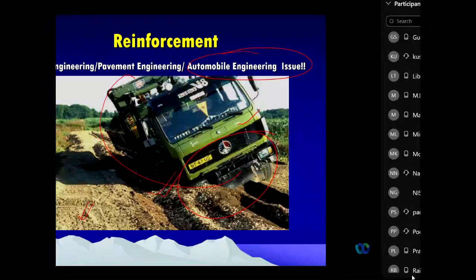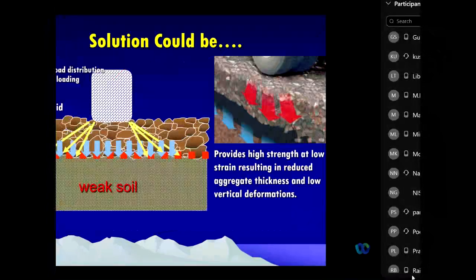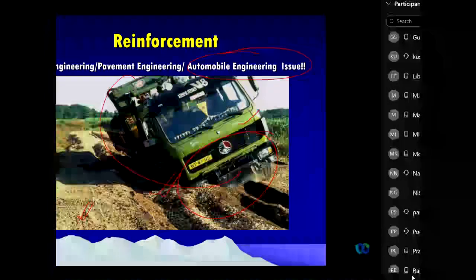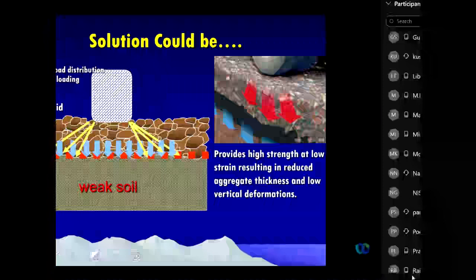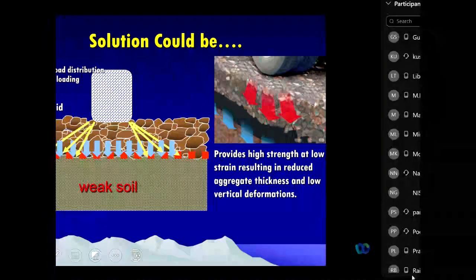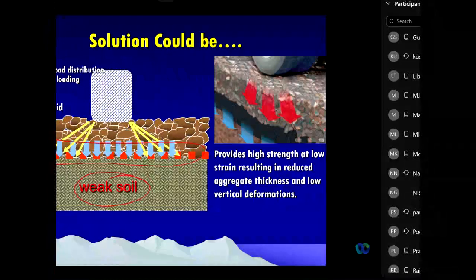So by reinforcement, for this kind of situation, the solution could be as I explained: we have a weak soil, we have a reinforcement, and you can see now how the loading is distributed more effectively. At the end of the day, the wider the load distribution, the safer our subgrade is.